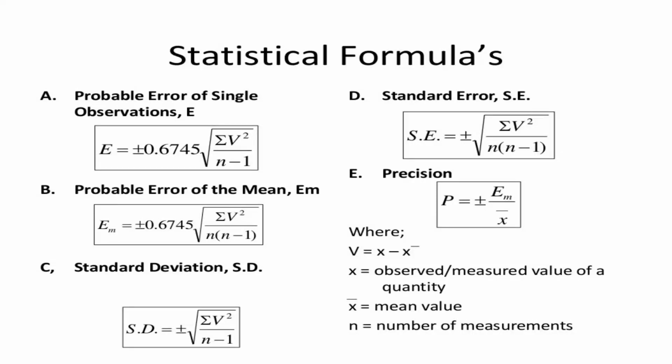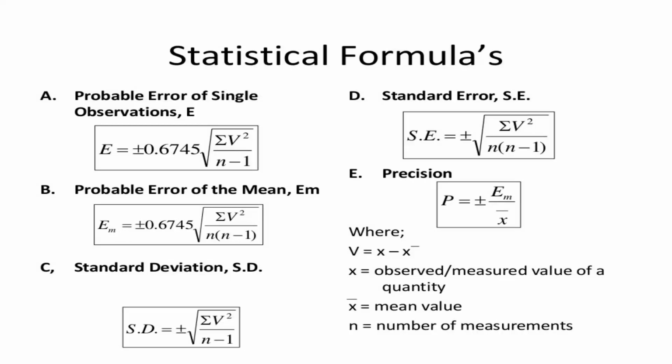Then the probable error of the mean value, that is E sub m, where m is the mean value, is equal to plus or minus 0.6745 root of summation of V square divided by n into n minus 1.